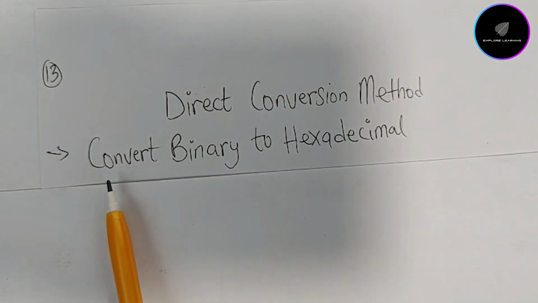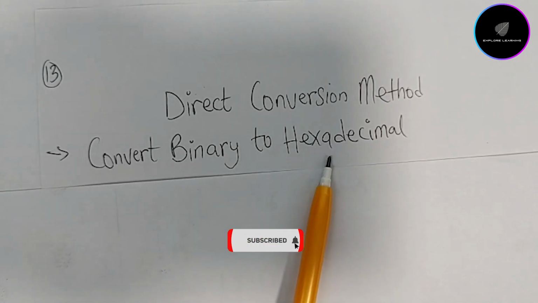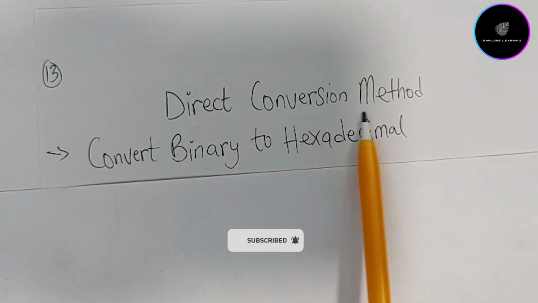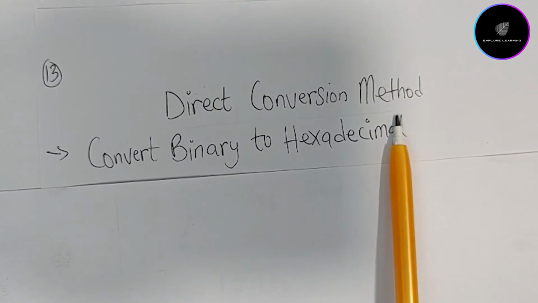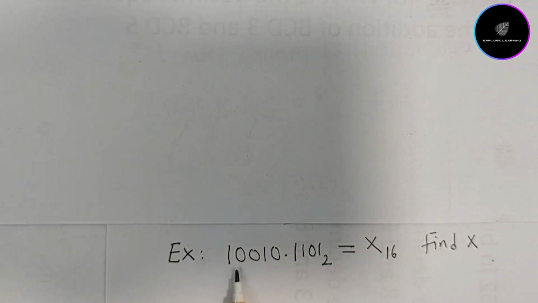Alright, so let's consider a situation where we have to convert binary number system to hexadecimal number system using the direct conversion method. Let's take this for example: 10010.1101 base 2 equals x base 16, find x.